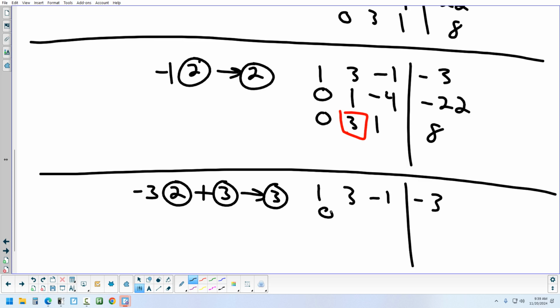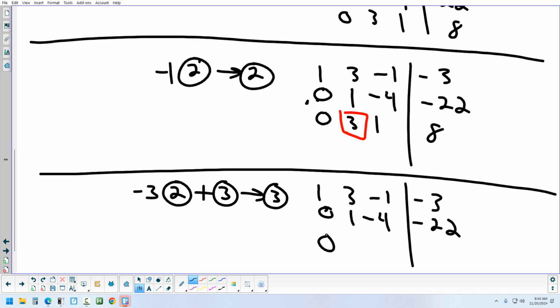That's row 1. That's row 2. And now, I'm sorry, multiply everything in row 2 by -3. What's 0 times -3? 0 plus 0. 0. Multiply by -3 and add it to the bottom. What's 1 times -3?